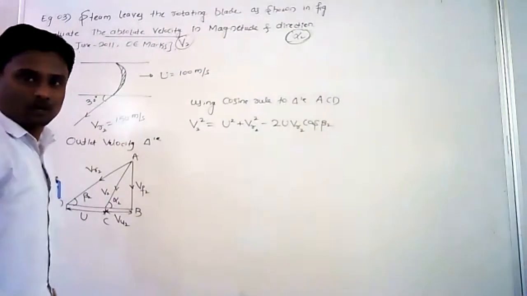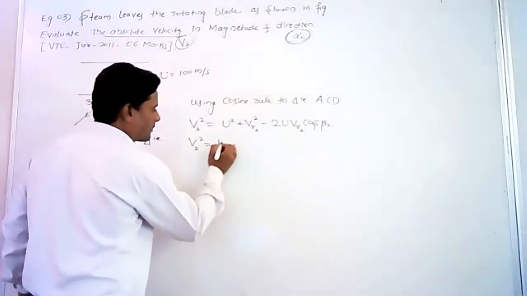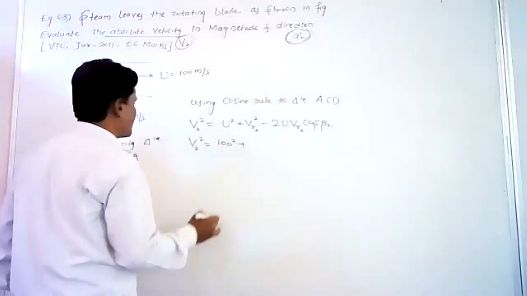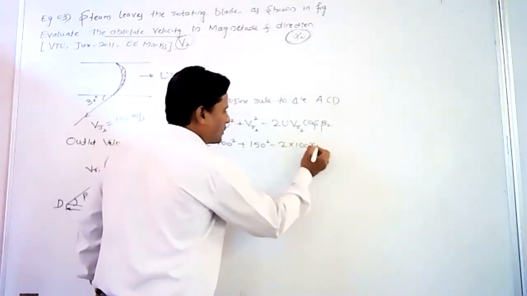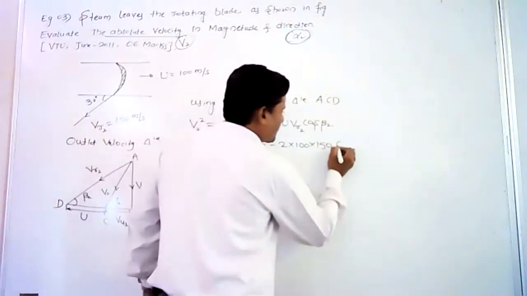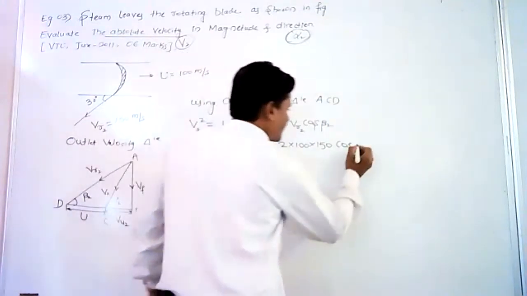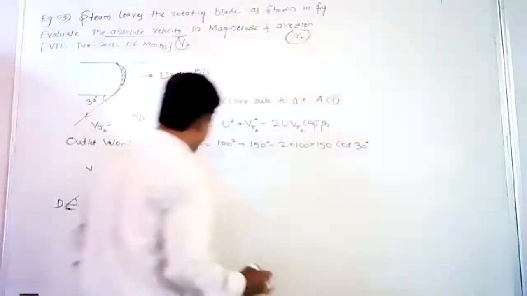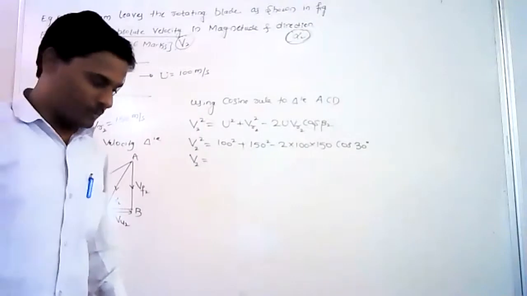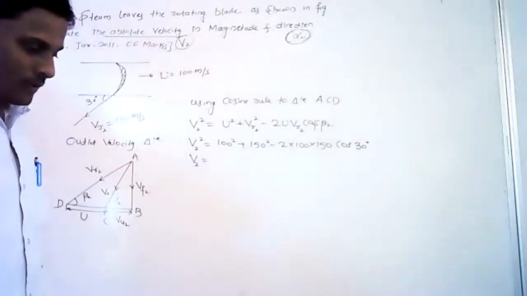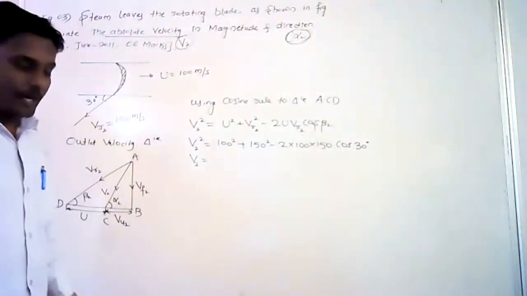V2 square equals U is 100 square plus VR2 is 150 square minus 2 into 100 into 150 into cos beta 2, which is 30 degrees. Get the value of V2 here. Take the square root and get the value of V2. Come on fast. 80.74. Yes, 80.74.